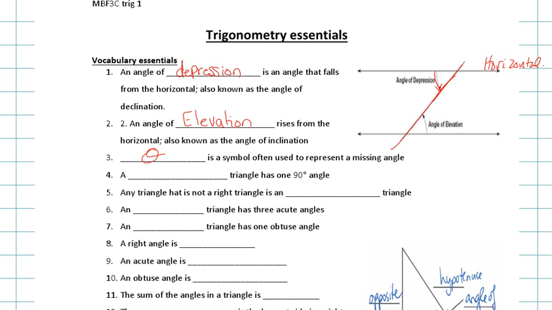So if you see that symbol, it represents the Greek letter theta. You can use any letter you want. It's not mandatory to use theta, but at least if you see it, you would recognize it. What is the spelling? Theta.